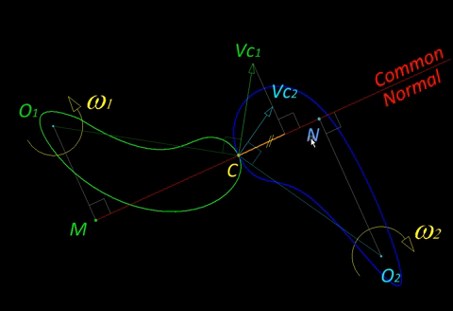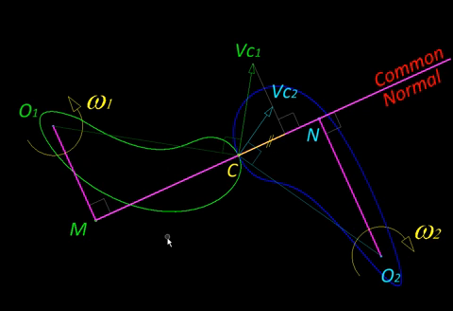So in effect, points N and M would have identical velocity components along the common normal. But because of the way we located them along the perpendiculars from the centers, their entire velocity would be along this line. So we can say the velocity of M and velocity of N are both directed along the common normal and are identical.